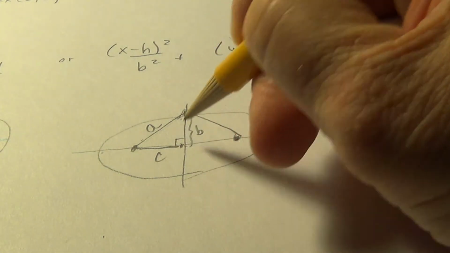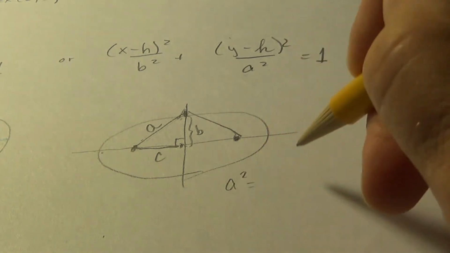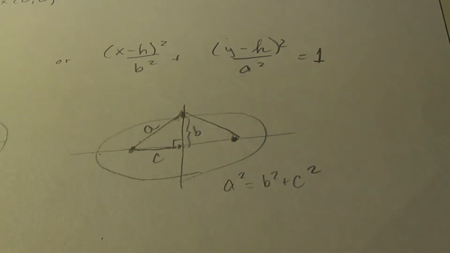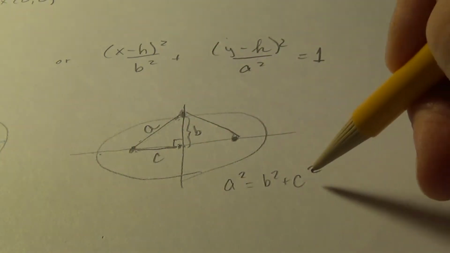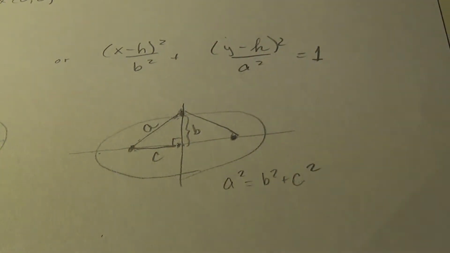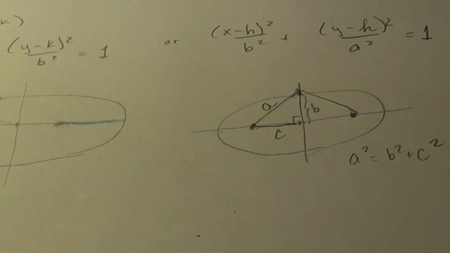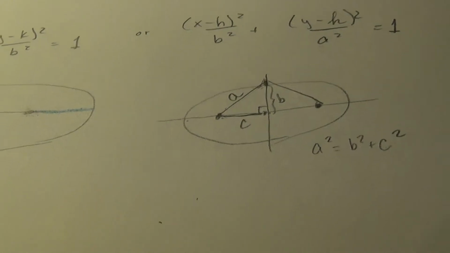It does form a right triangle, and the relationship, a squared being the hypotenuse, is a squared equals b squared plus c squared. So observe that c is the distance from the center to the foci. Alright, let us keep that under our hats, and it's going to help us with our problem.